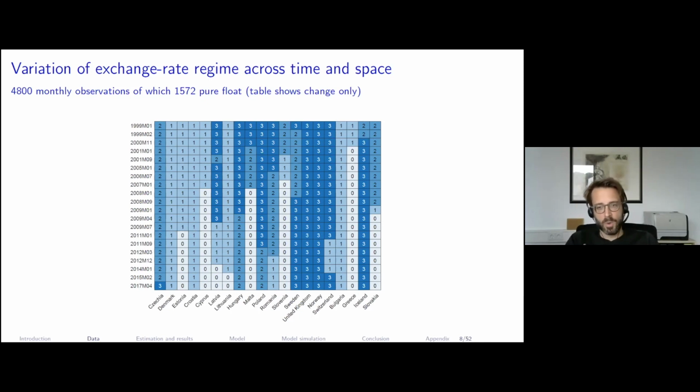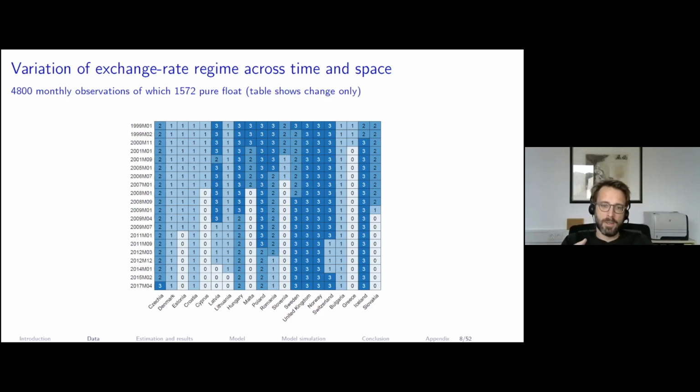So this is mostly Iceland. You see Switzerland, they had this episode when they pegged for some 4 years to the euro. Since 2015, they're back to a float. Then there's Norway, there's the UK, there's Sweden. Sweden in the early 2000s was not a pure float according to our classification, so that's why we do not include it in this pure floating group.